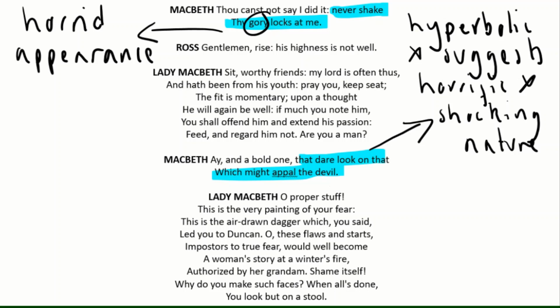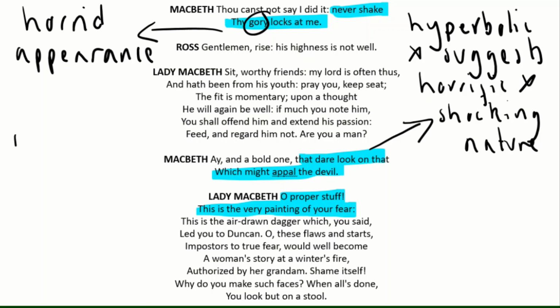Okay, I'm going to highlight here, "this is the very painting of your fear." Lady Macbeth believes that these hallucinations are harmless.